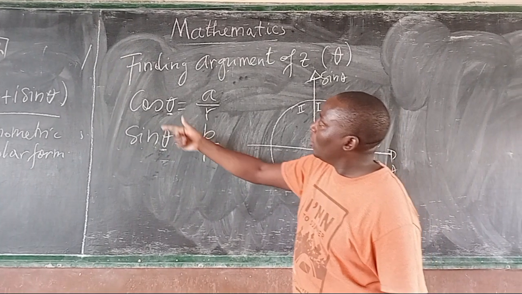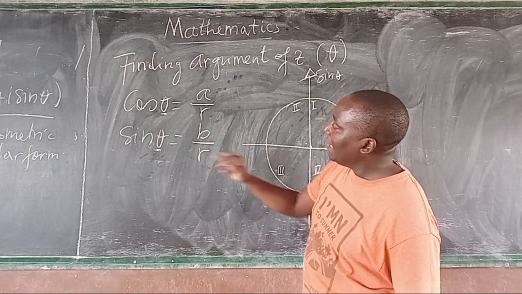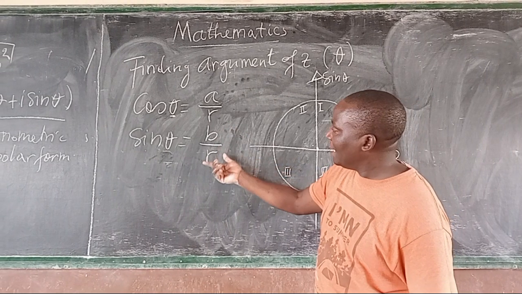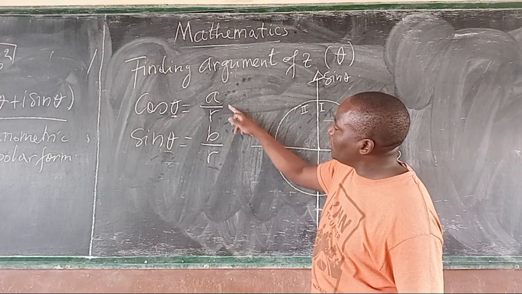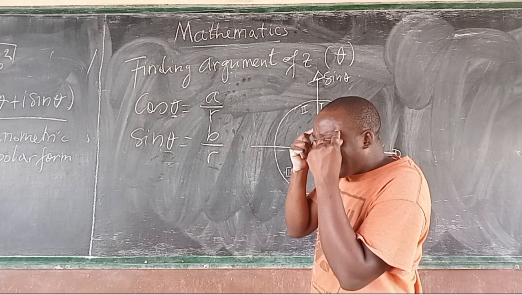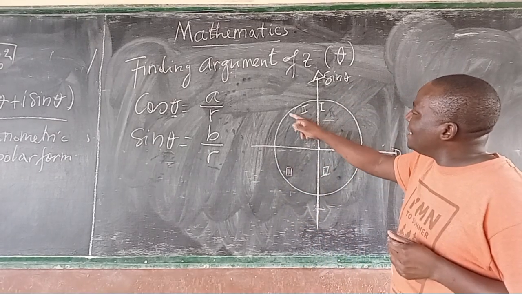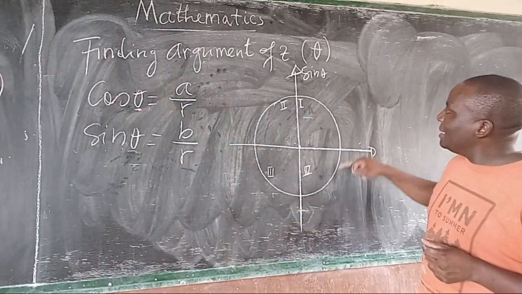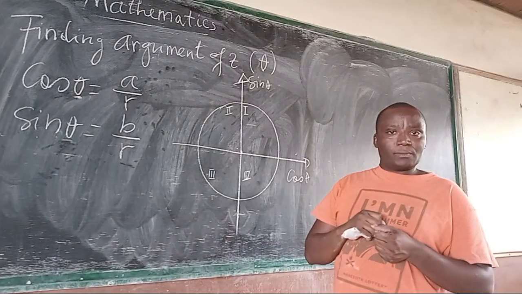From the information I have between those two things, I'm able to find where my given angle theta is on my simple unit circle.